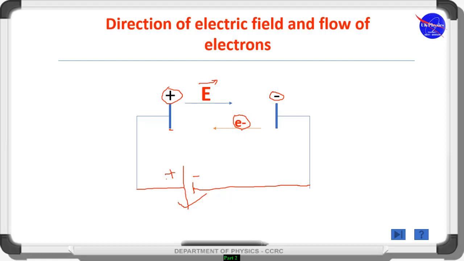So we have seen that the direction of flow of electrons and the direction of the electric field are exactly opposite. Alright, don't forget.